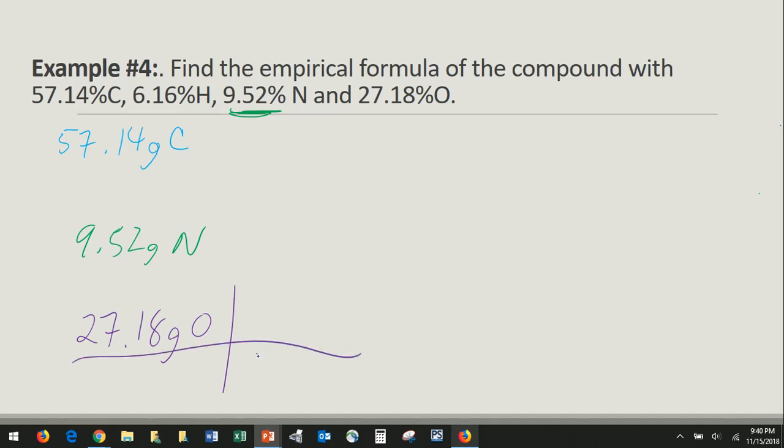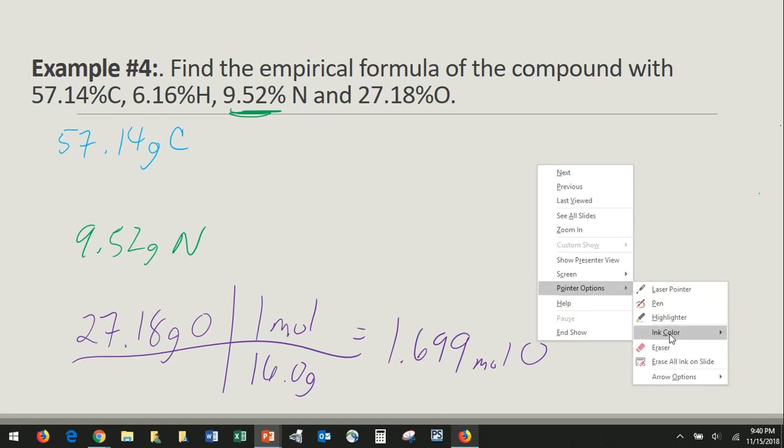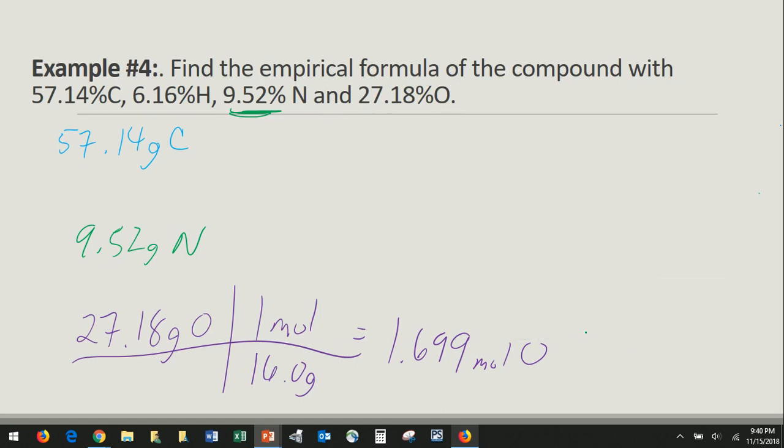The next step is to convert everything to moles. So oxygen is 16 grams in 1 mole. So 27.18 divided by 16 is 1.698, 1.699 even. Okay, so that's how many moles of oxygen we got. And then we'll do the same thing for nitrogen.